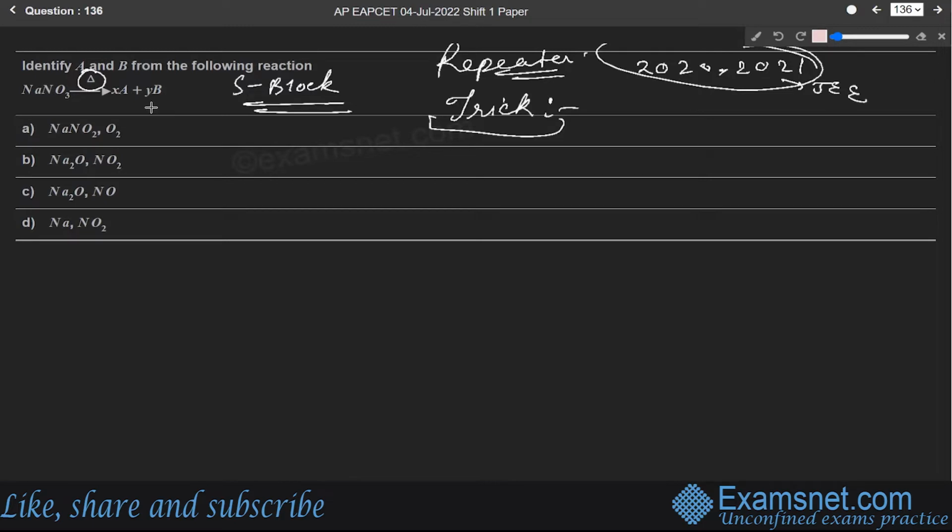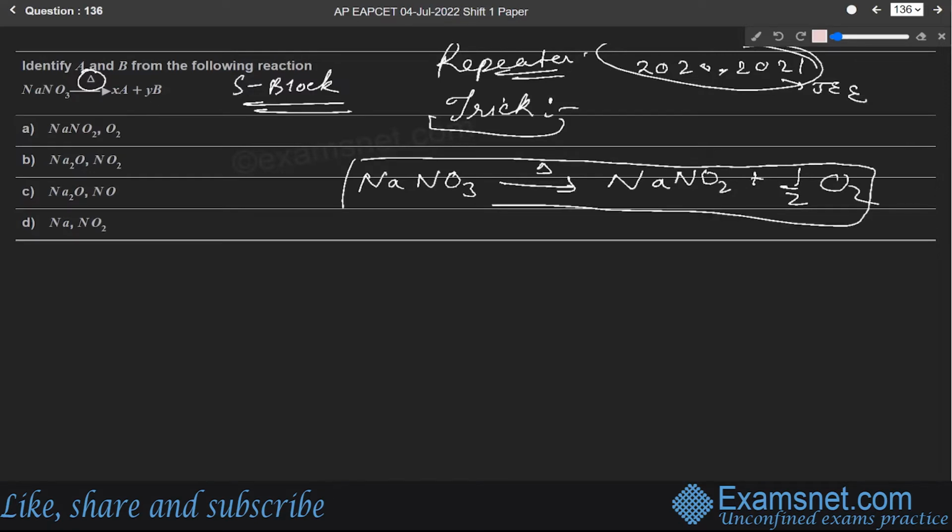So the trick is that, firstly, I'm telling you the reaction that you have to learn, but I'll not tell you the method to learn. I'll be telling you one trick. You can do any question of this: NaNO2 plus half O2. You have to learn the reaction, but if you are not able to, here is the trick.